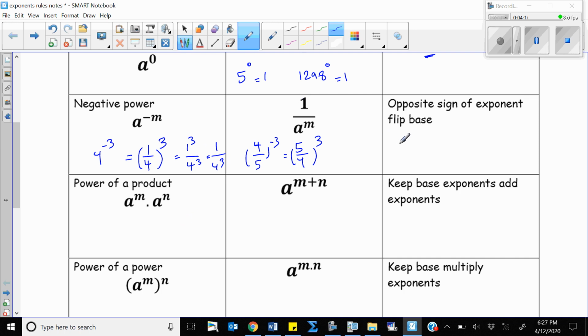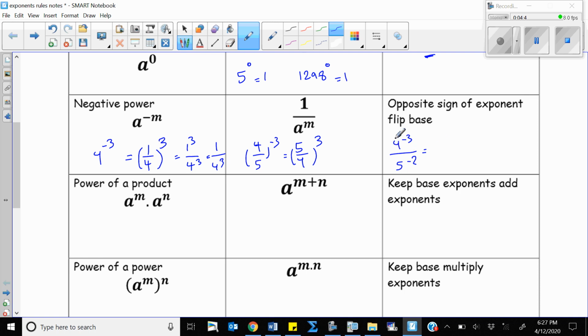What if I have something like this? Let's say 4 to the power of negative 3 over 5 to the power of negative 2. As you see, in this case, we have a fraction. Top and the bottom, each of them separately have a number with a negative power. So we want to get rid of these negative signs. So all I need to do is to flip each of them.